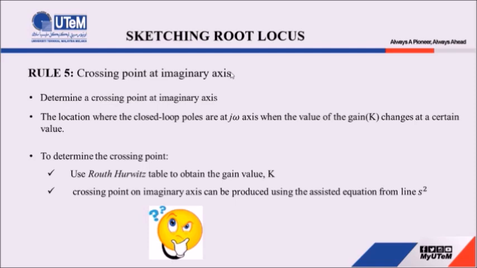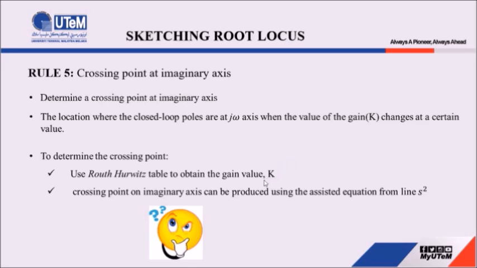It is associated with the range of gain k which can cause the system to be in a stable state. To determine the crossing point, the Routh array table can be used to obtain the gain value of k when the root locus crosses the imaginary axis.